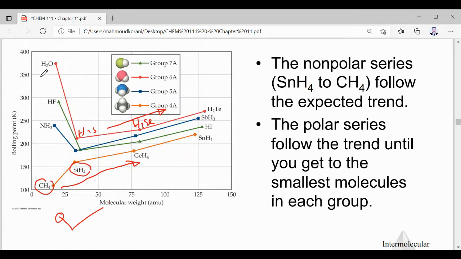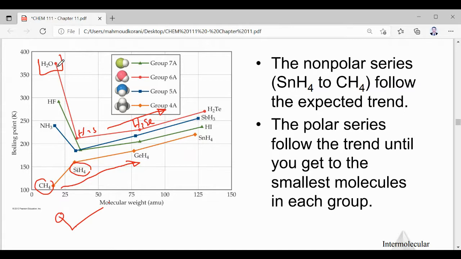What is the reason for that? We agreed that London force is found in all compounds, but for water there is another very strong intermolecular force, which I'm going to discuss today: hydrogen bonding. Water is a highly polar solvent, so the dipole-dipole interaction is strong, and this dipole-dipole interaction is promoted to hydrogen bonding.